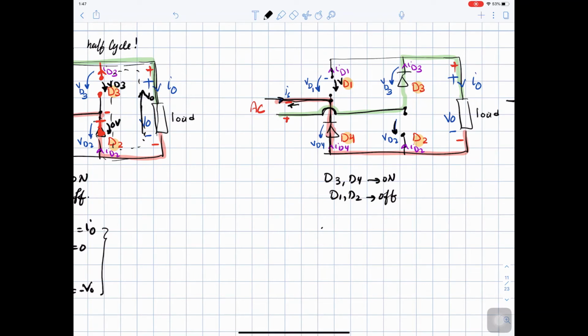Okay, so in this case, I source equals negative I diode 4 equals negative I diode 3 equals negative I out. So I out is going down, then it is negative I source.